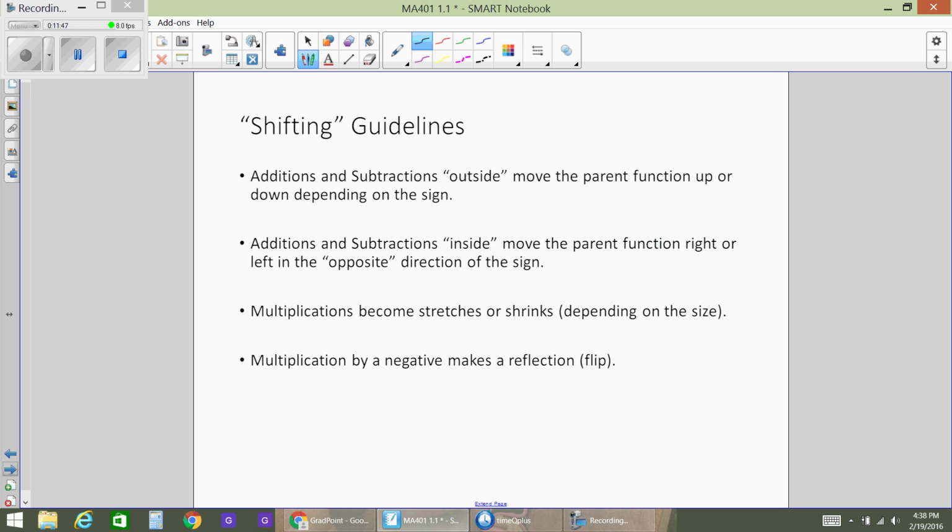Here are our shifting guidelines. Additions and subtractions outside of parentheses move the parent function up or down depending on sign. Okay, I'm going to give you a quadratic parent function. I have y equals a times the quantity of x minus h squared plus k.